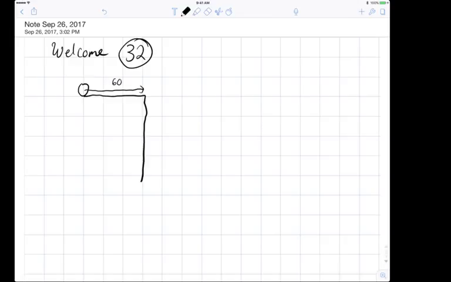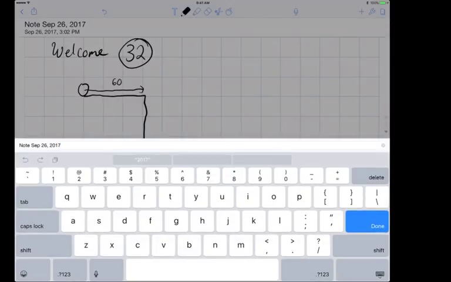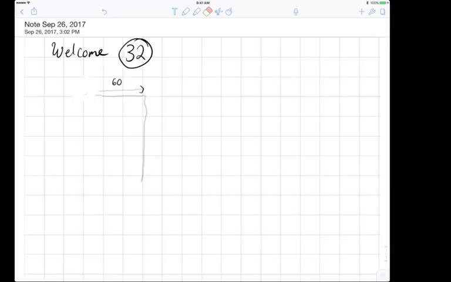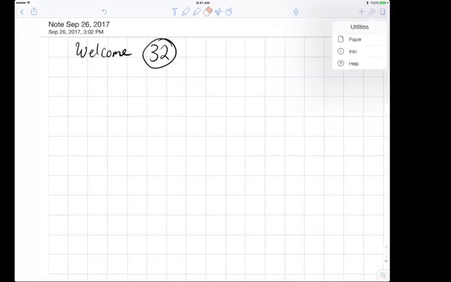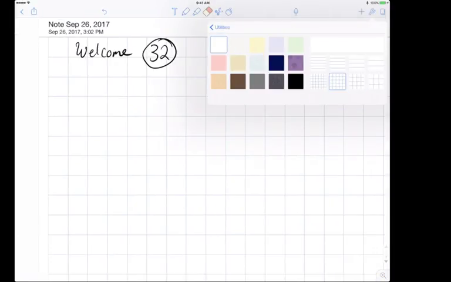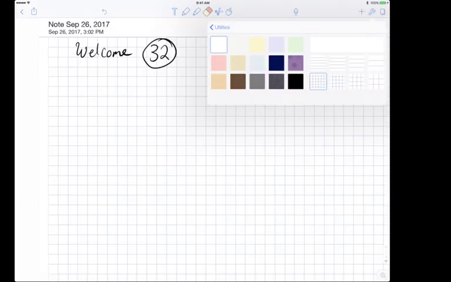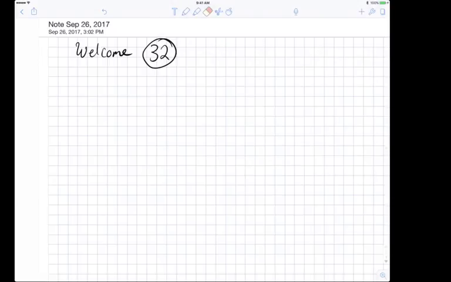I should try using this graph paper, because it's pretty cool. So in class this week we've been doing vectors, and this is a very vectory problem, literally. So let's try drawing it on the graph paper, because vectors are essentially arrows on graph paper.